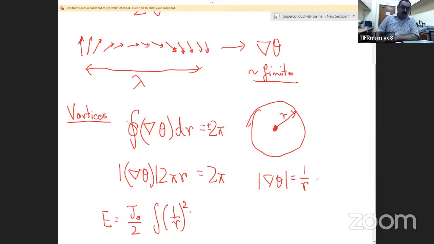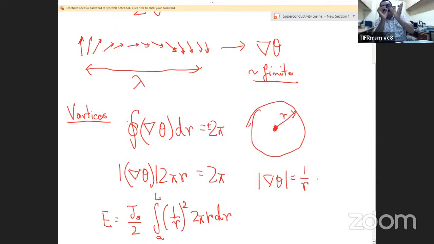Then I have to take an area integral d square r, so that is 2 pi r dr. The limits will be a, the smallest length scale in the problem, to L, the largest length scale in the problem.